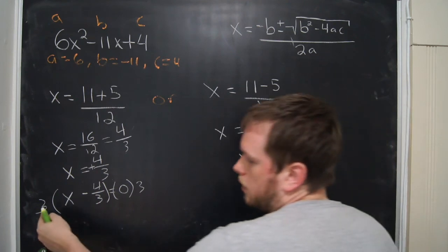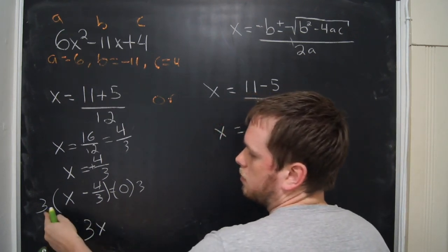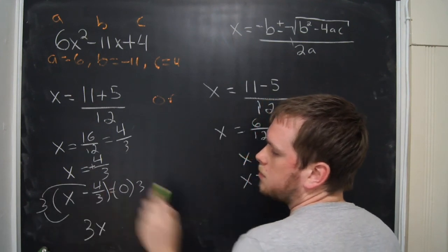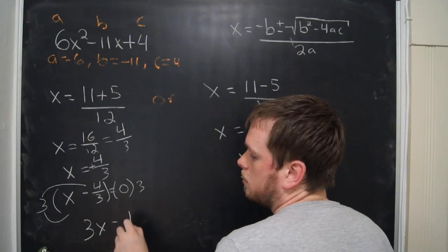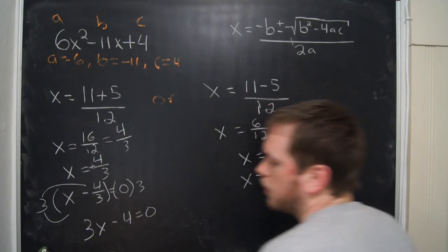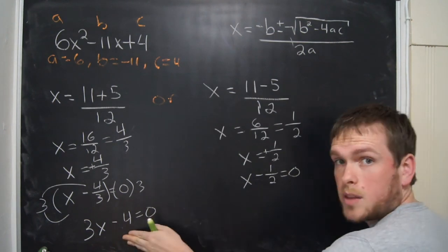This would give me 3x, and then 3 times negative 4/3, that's negative 12/3, or negative 4. So I have 3x minus 4 equals 0. We'll leave that one alone for now.